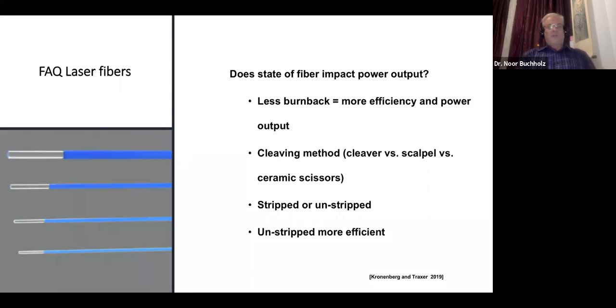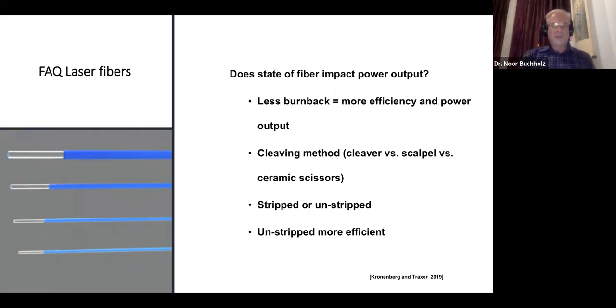Now, there's a debate going on: stripped or unstripped laser fiber. On the left, you see stripped laser fibers. That means that the mantle of the laser fiber is cut back and the glass fiber is exposed at the end. Again, Traxa found that an unstripped laser fiber without the transparent end is more efficient. That may have to do with the fact that some of the laser energy will go astray from the transparent tip.